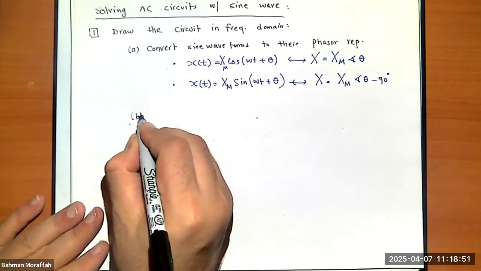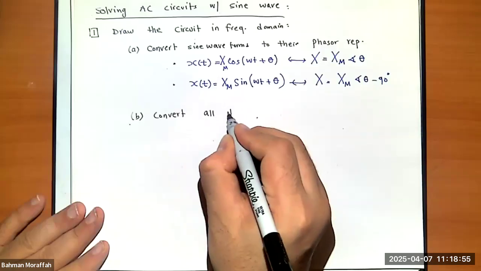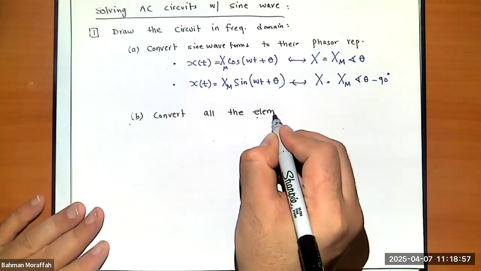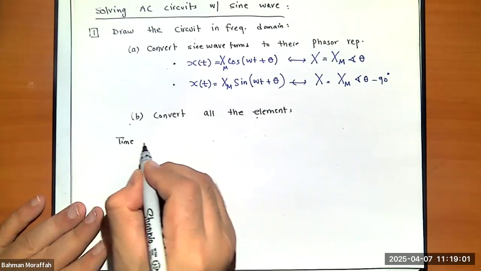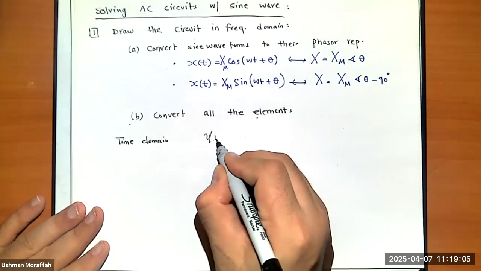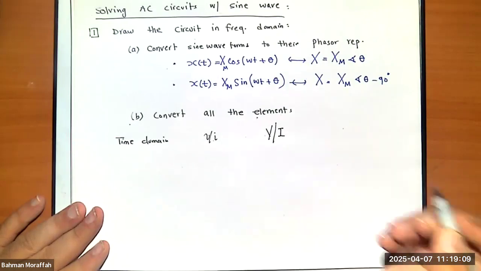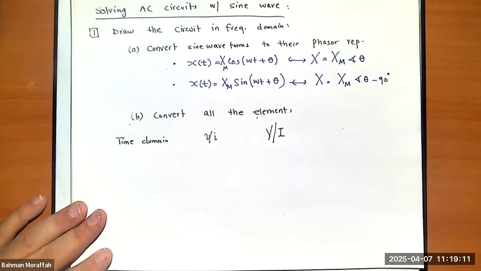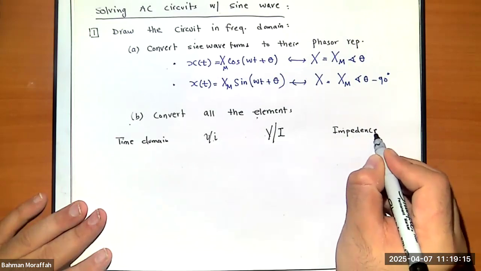And then we're going to have to convert all the elements. So if I have my time domain elements here, the VI relationship in time domain and the VI relationship in frequency domain, and we have this impedance.